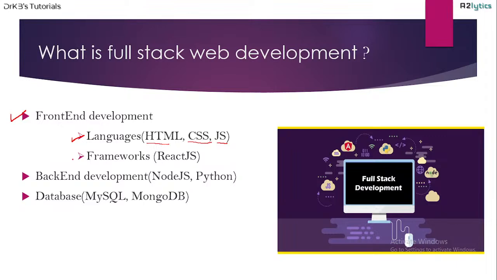There are some frameworks, for example, ReactJS. One more is called AngularJS. Many frameworks are there. By using those frameworks, you can easily develop front-end applications. So this is the front-end part. In front end, you have to use languages like HTML, CSS, JavaScript, or you can use some framework like ReactJS, AngularJS.